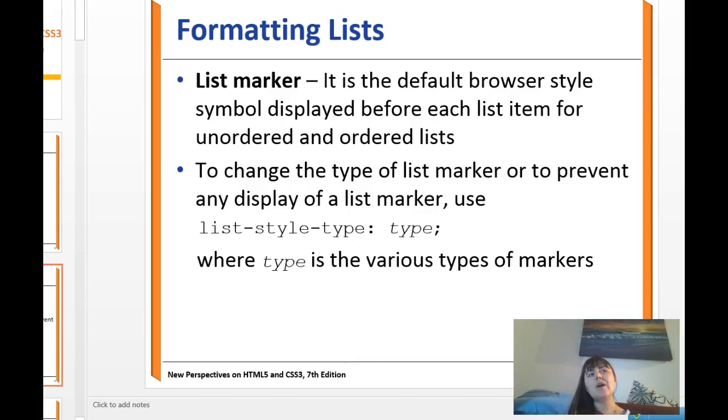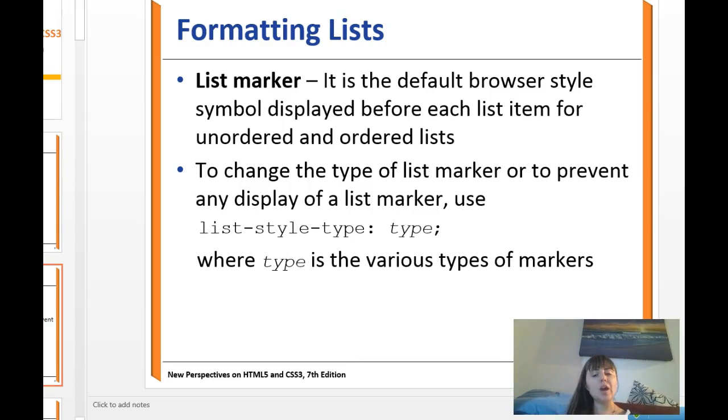So let's look at how we can format the list. List markers are default browser style symbols that can be displayed before each list item for both ordered lists as well as unordered lists.